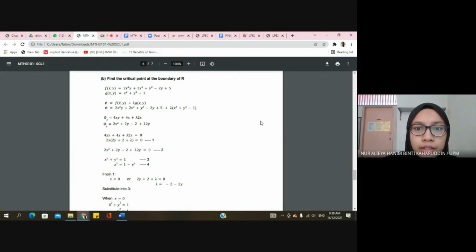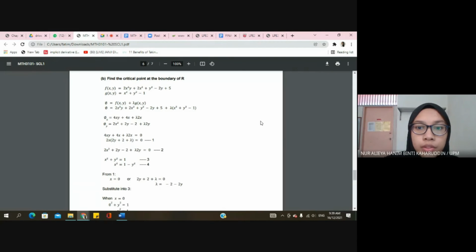We use the Lagrange multipliers method. So first, we form this function phi equal to f(x,y) + λ g(x,y), and we substitute f and g, and we get phi equal to 2x²y + 2x² + y² - 2y + 5 + λ(x² + y² - 1).